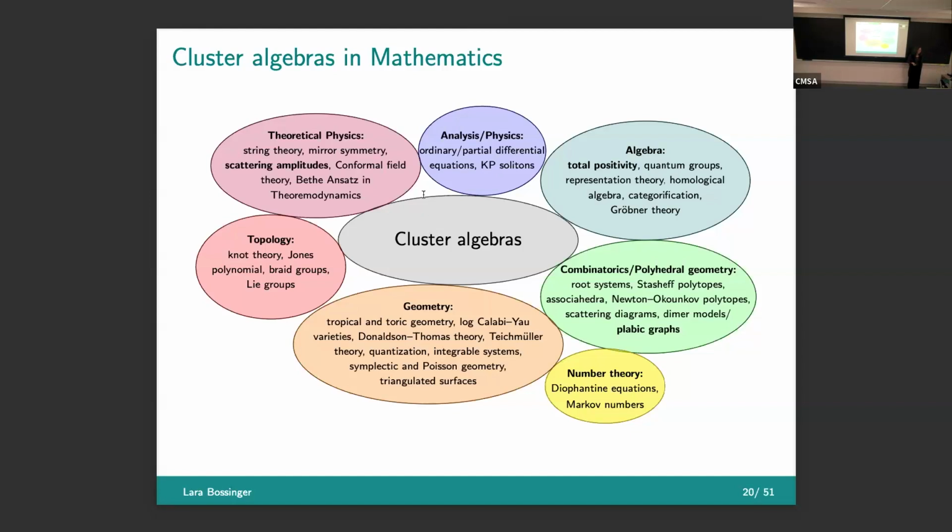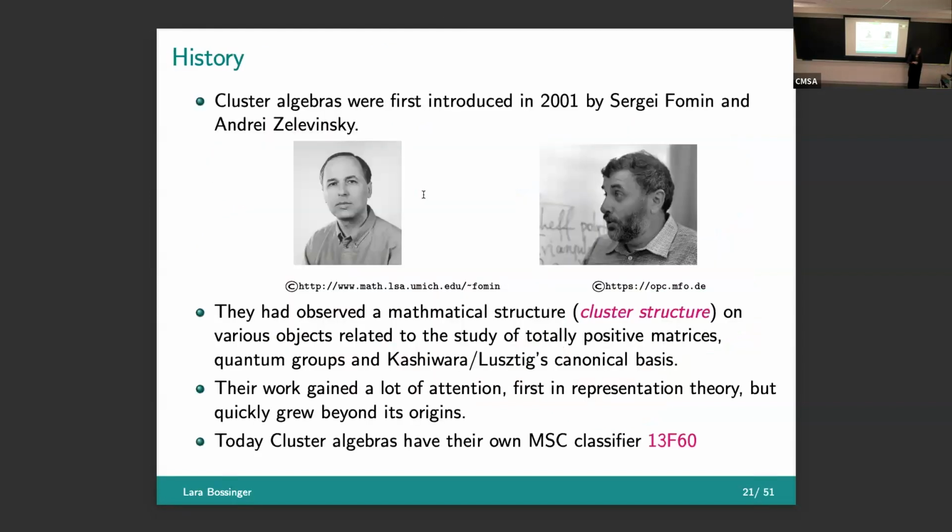And then here's a bit of the history. Fomin and Zelevinsky introduced cluster algebras in 2001. They're about 24 years old. They came out of exactly the study of totally positive matrices that we looked at in the last lecture, so we'll be starting historically in the right order in these lectures.